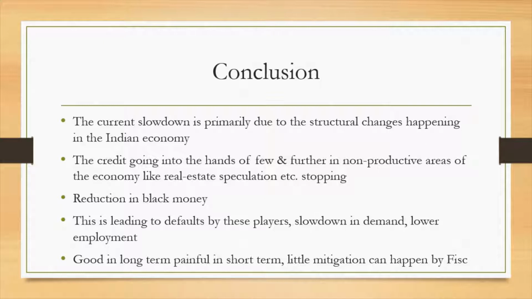If that is not what we want, then I'm afraid this is what structural changes in the economy do. Hopefully, though, these fiscal and monetary methods would be able to cushion somewhat this severe blow to the economy.